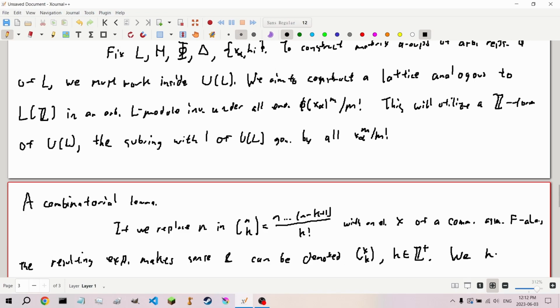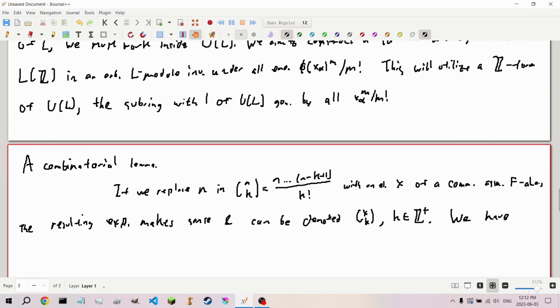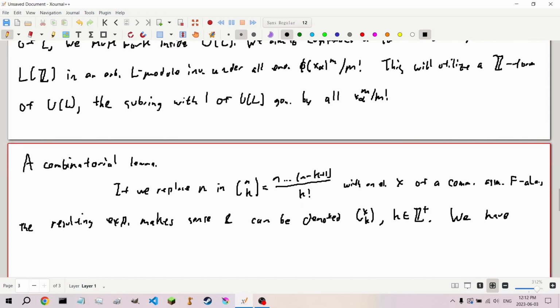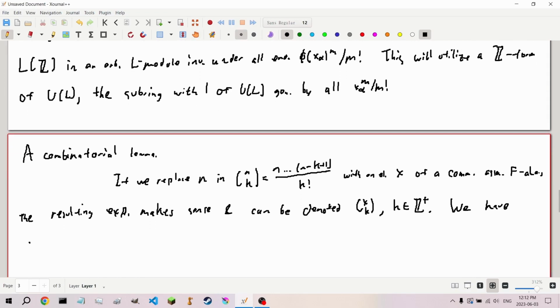We also have the familiar identity that n plus 1 choose k minus n choose k is n choose k minus 1, and this carries over.